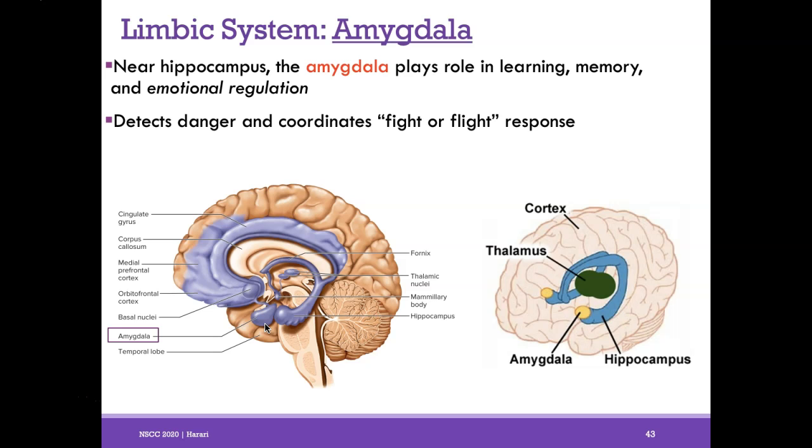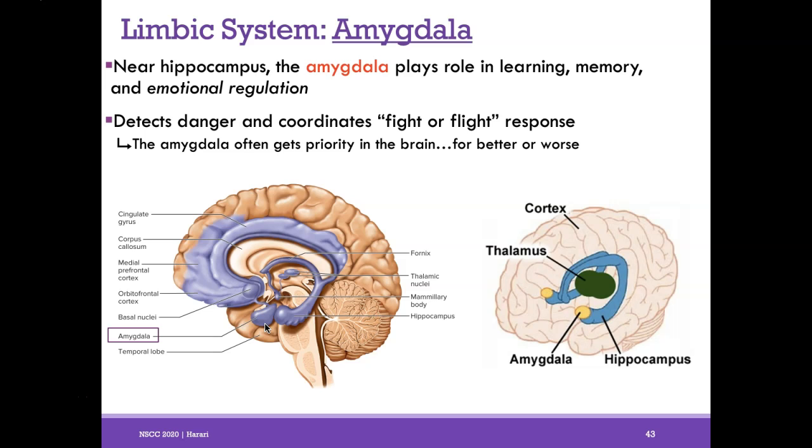So emotional regulation: this amygdala is what detects danger and coordinates the fight or flight response. So the amygdala is one of the first to receive any startling information. And so the amygdala gets priority in a way, and this can be good or bad.